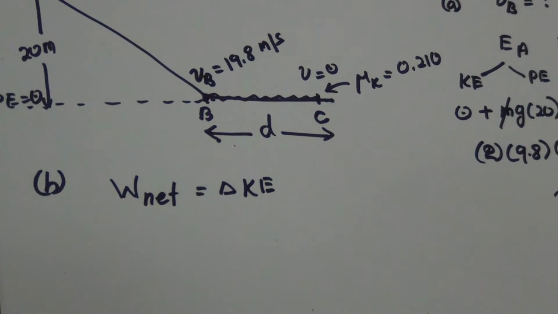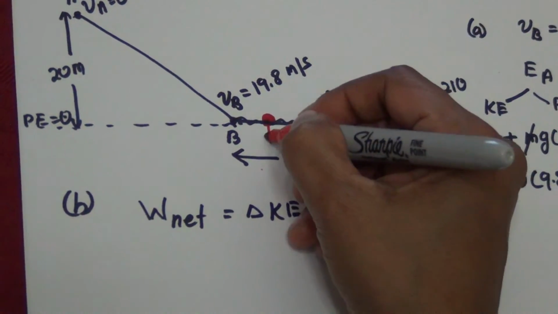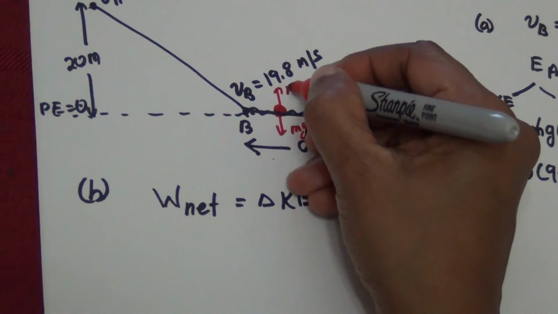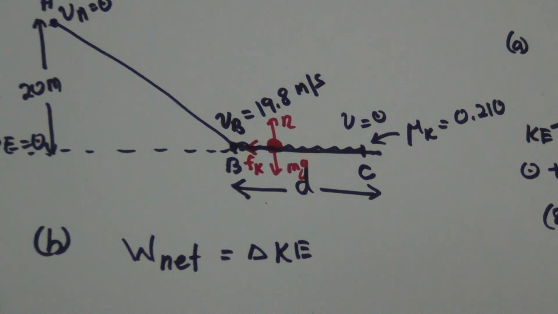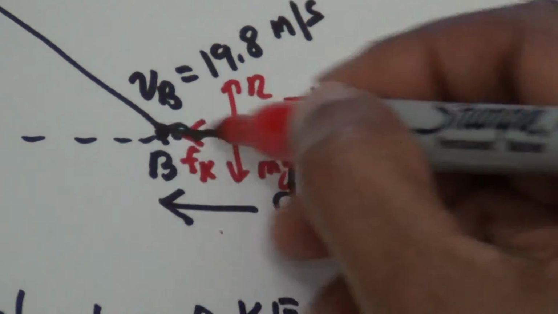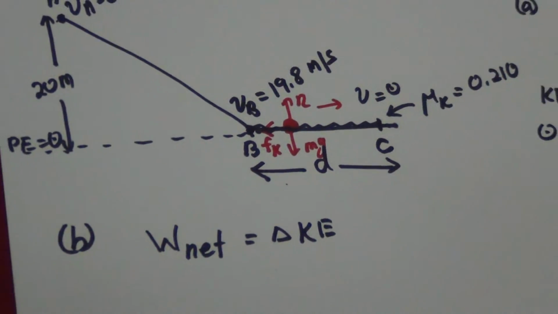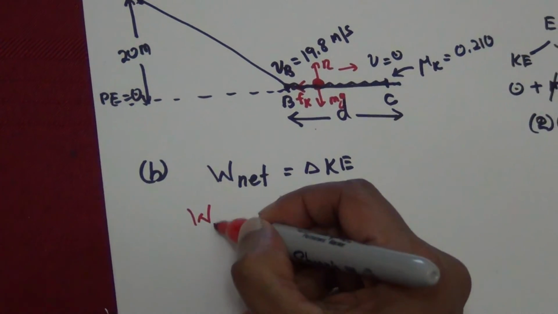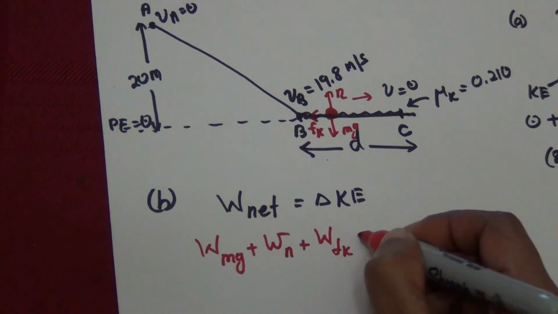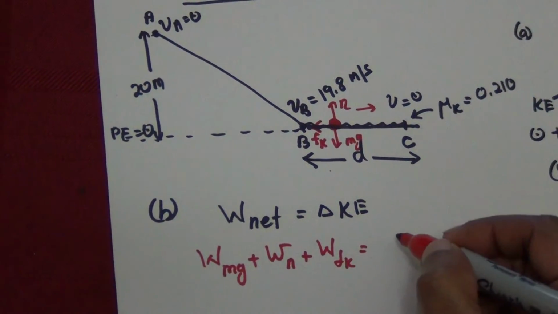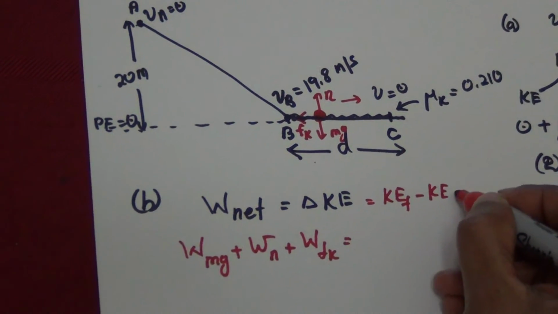So let me draw a quick free body diagram while the person is moving here. So we know there is gravity, normal, and the only other third force is the frictional force. He is moving this way, and it is in the opposite direction. So the work done is going to be by mg, normal, and Fk. So you know change in kinetic energy. We usually write final minus initial.